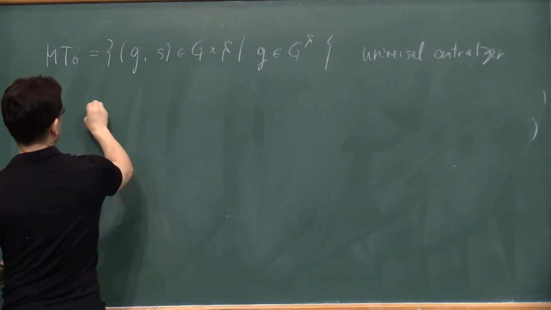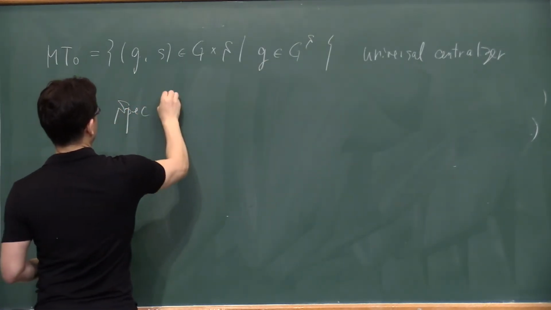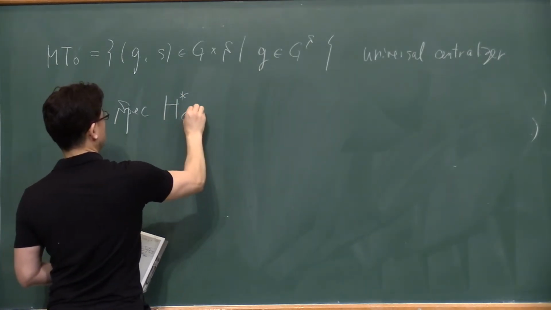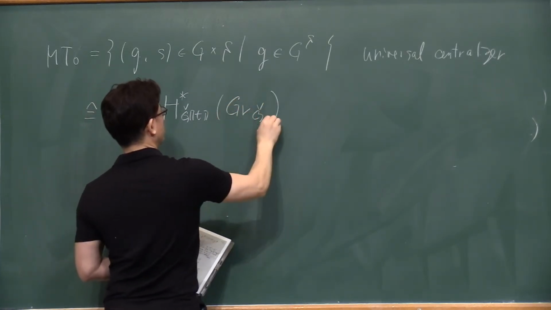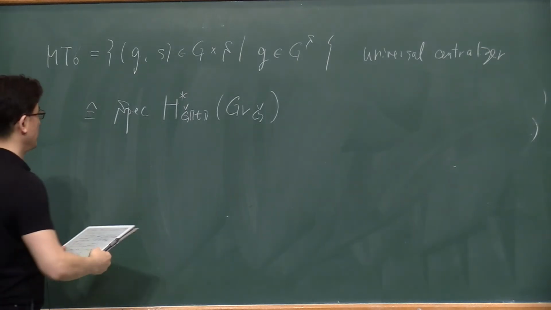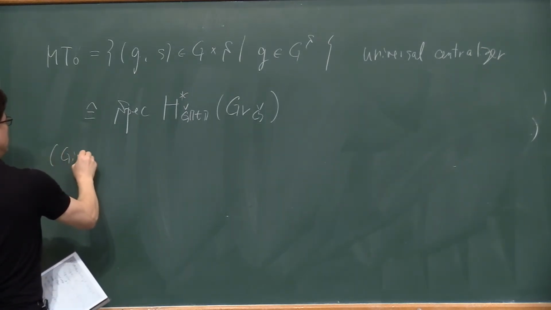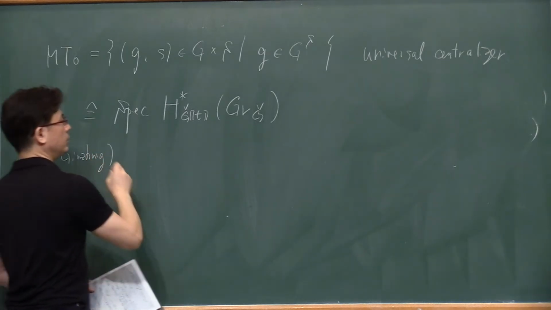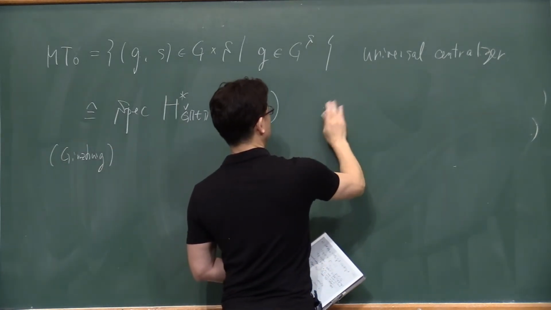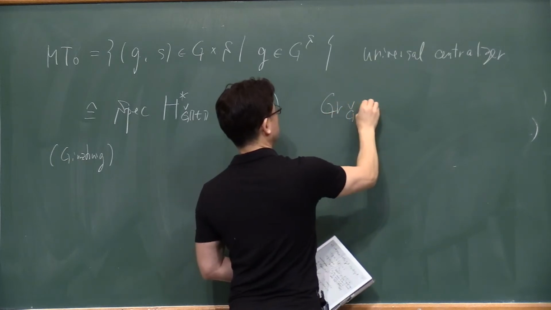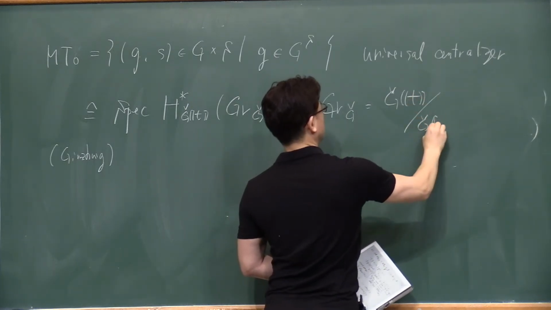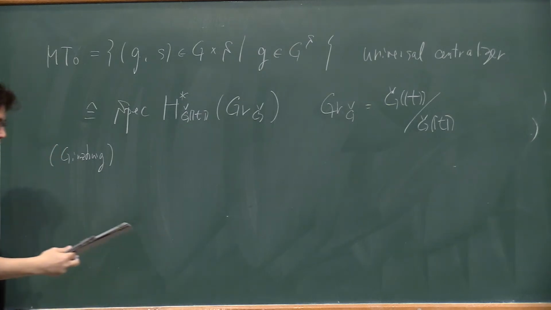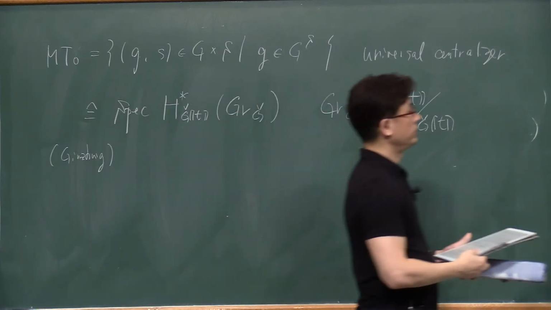And it can be understood as the spectrum of the equivariant homology of the affine Grassmannian for the dual group, by a result of Ginzburg, where G check is the dual group and the loop group quotient. Okay, so this looks nice.